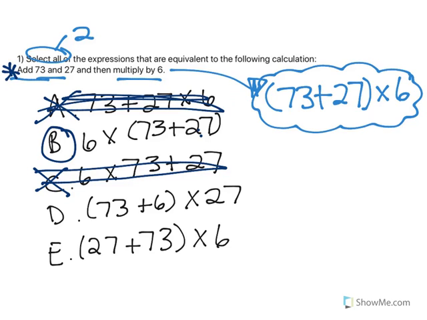And here with option D, this is not an option, because they're not asking us to add 73 and 6. They're asking us to add 73 and 27 and then multiply by 6. So since it says select all, we know that E also is an option, because again, the parentheses, we're adding 27 and 73 and then multiplying by 6.